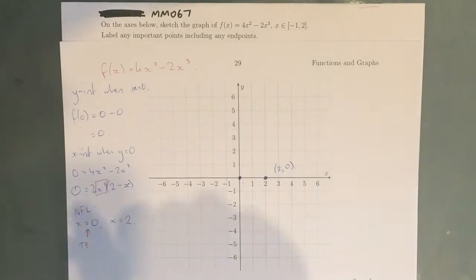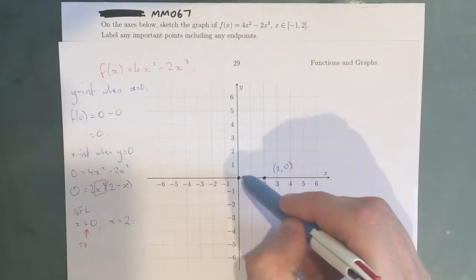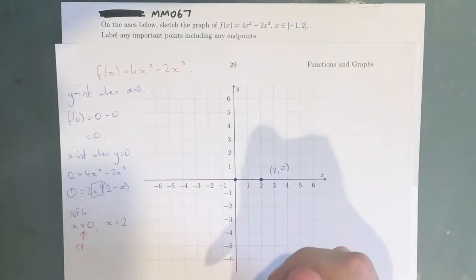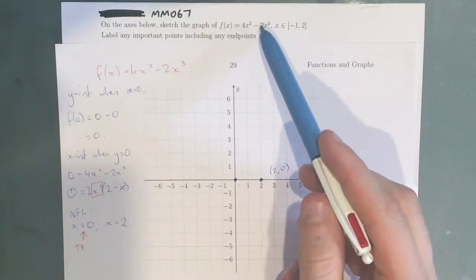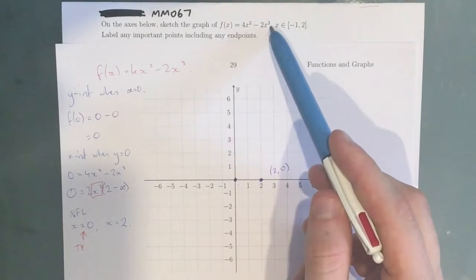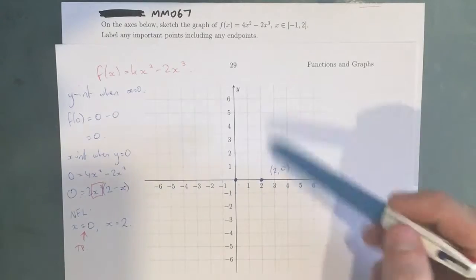But we actually need to figure out if this graph is coming down like this, or up like this. The way that we do that is to look at the coefficient of x cubed. If the coefficient of x cubed is negative, it's going to come down like this and continue down.